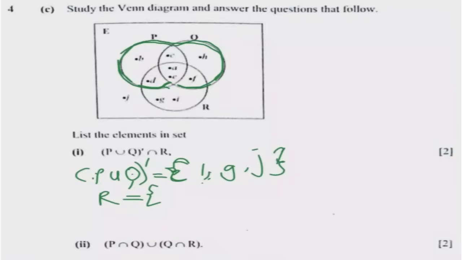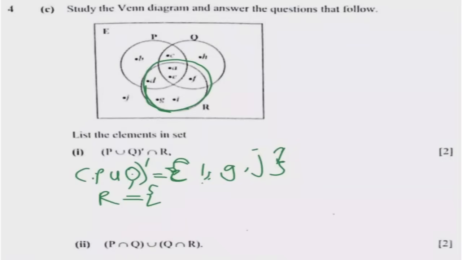Okay, now once we've done this, the next thing we're going to do is look at the members of set R. Members of set R are these ones here. So all the members that are found in there, we record them all.